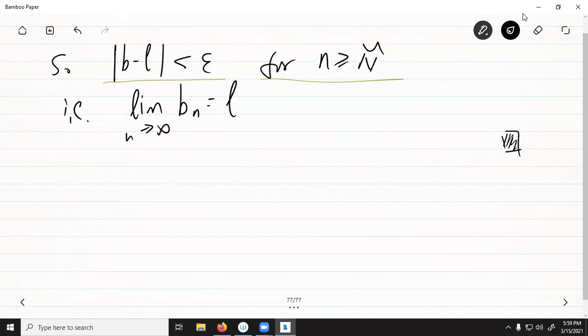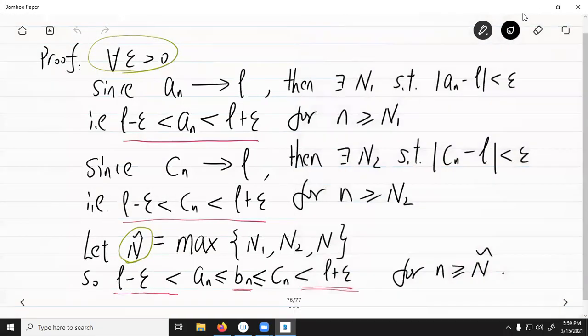Is it hard? No, not at all, right? I did nothing. I just used the epsilon language to restate the limit of the sequence. The only technique we use is to take a common n. I believe many students think about it and can find this one.